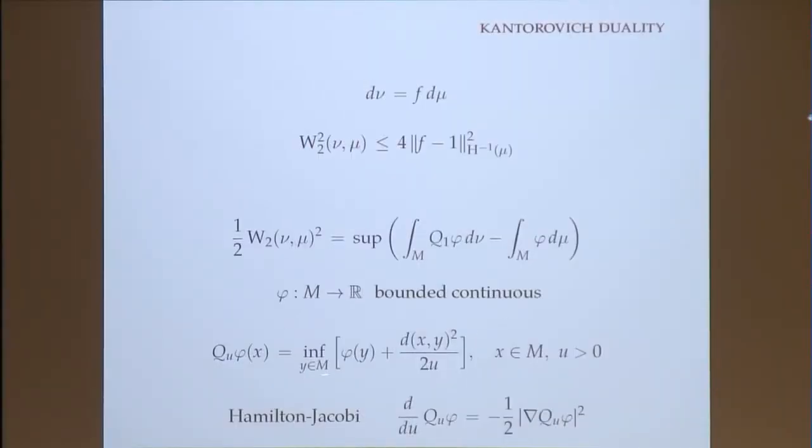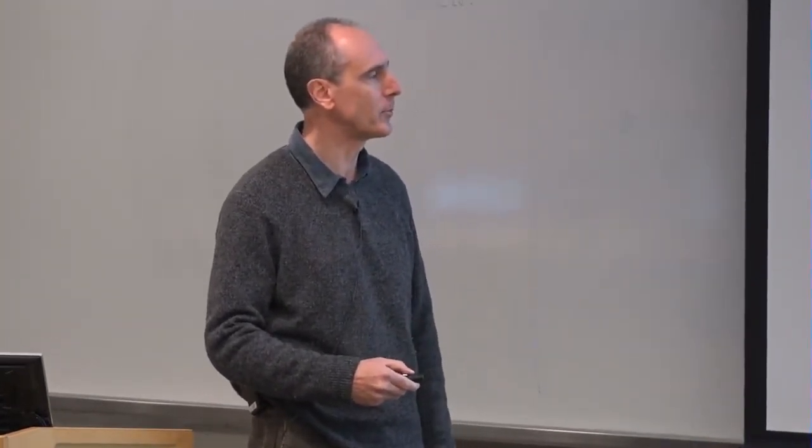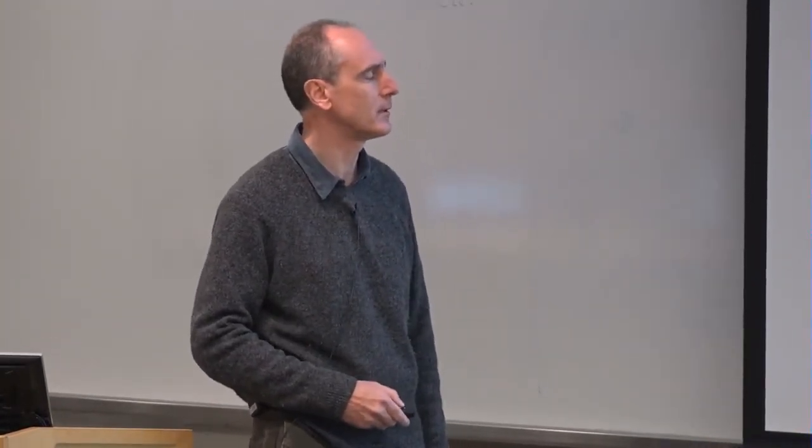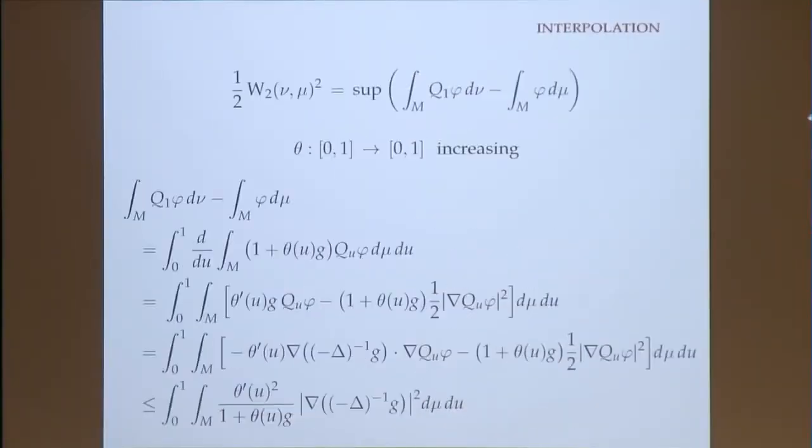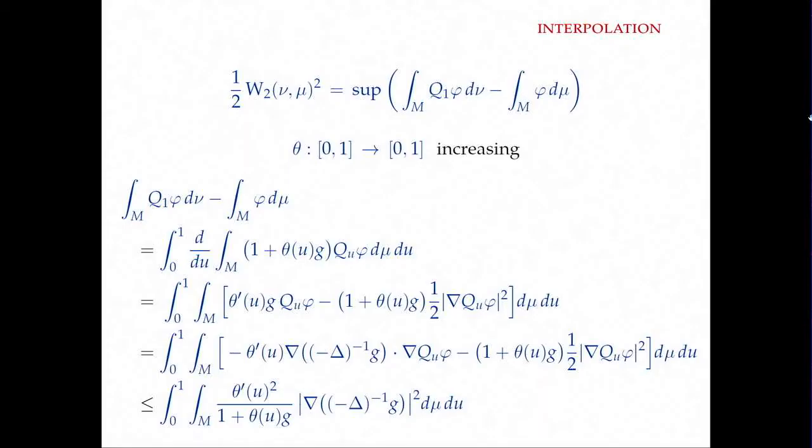This is the Hopf-Lax formula that satisfies the Hamilton-Jacobi equation. Namely, this is a semigroup, and if you take the derivative, you get this nonlinear minus a half of the gradient squared. So once you have this very classical representation in terms of this infimum convolution semigroup, the argument that I'll not discuss in detail here is just an interpolation, a suitable interpolation between those two quantities.